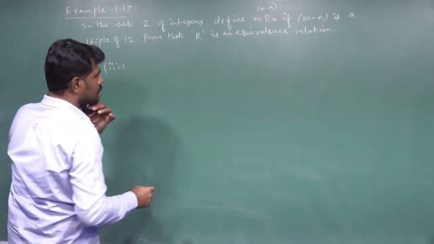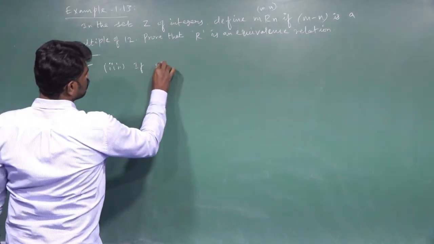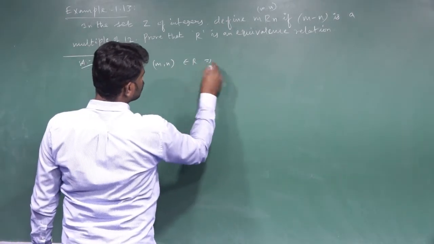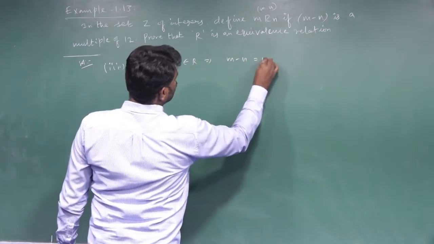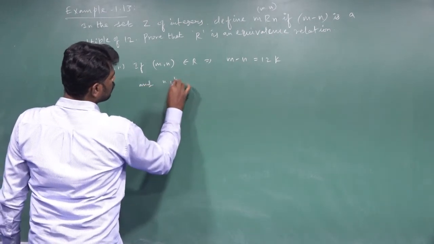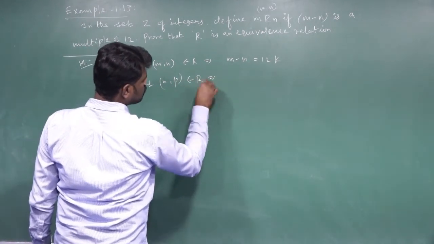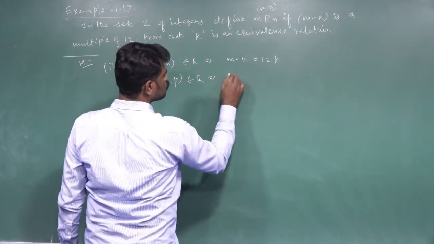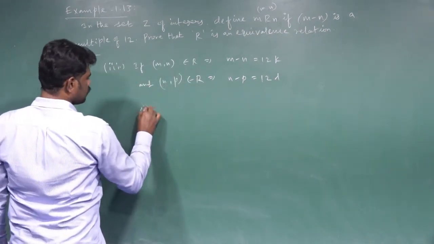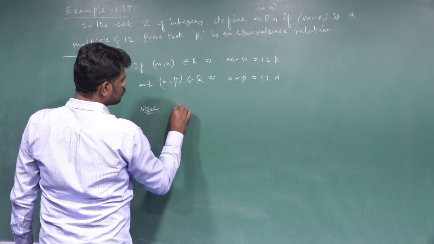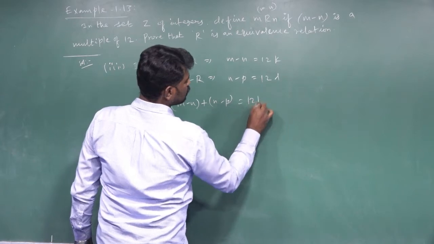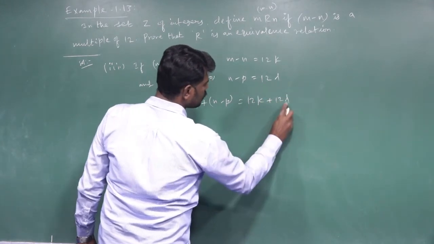Then third case, transitive. If m comma n belongs to R, this implies m minus n is equal to 12k, and n comma p belongs to R, meaning this subtraction value is also a multiple of 12. Now add these two values: m minus n plus n minus p is equal to 12k plus 12l.